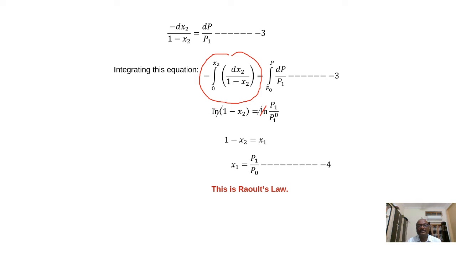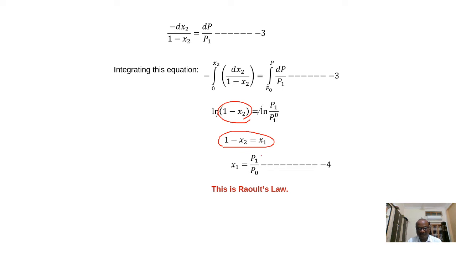Here the logarithms on both sides get cancelled. Finally, what we get is 1 minus x2 is equal to p1 by p naught. But what is 1 minus x2? It is x1. So x1 is equal to p1 by p1 naught, or p by p naught simply.